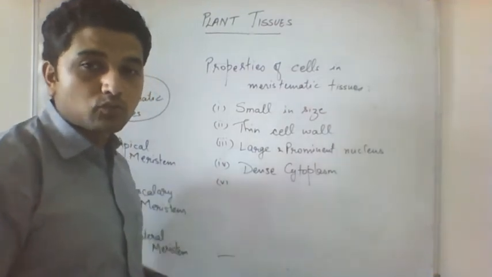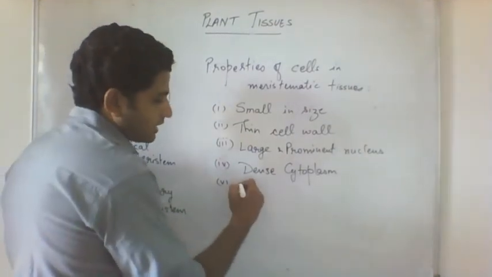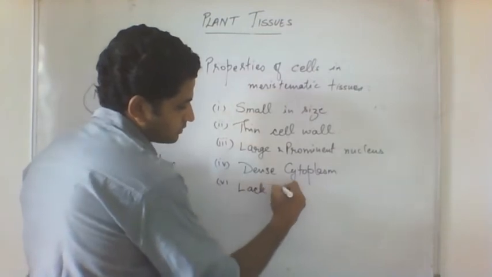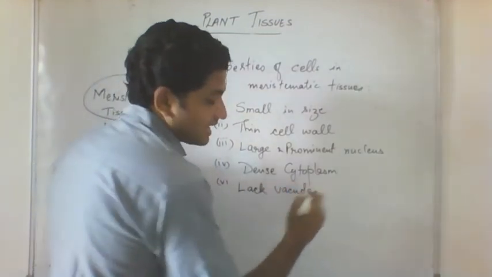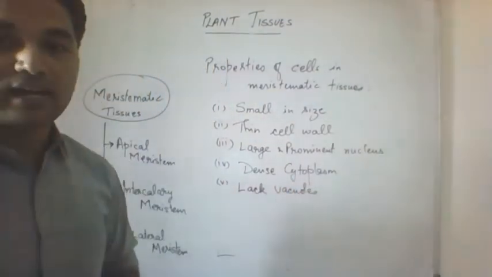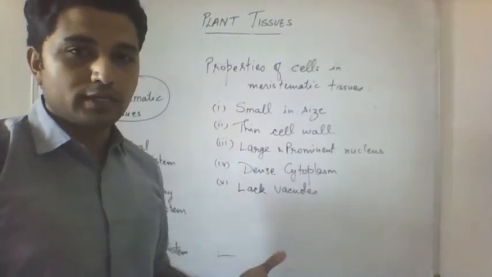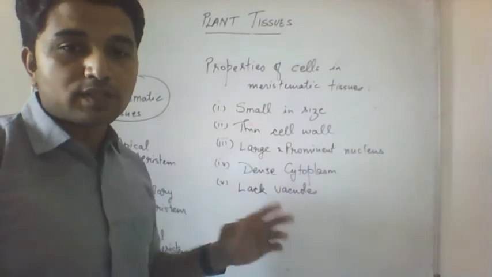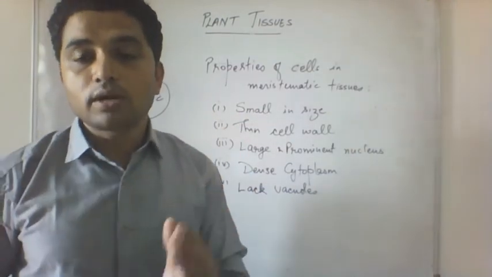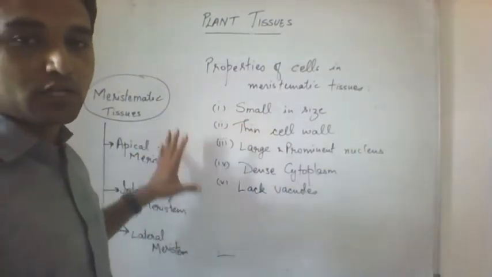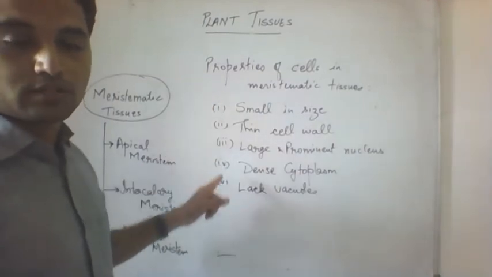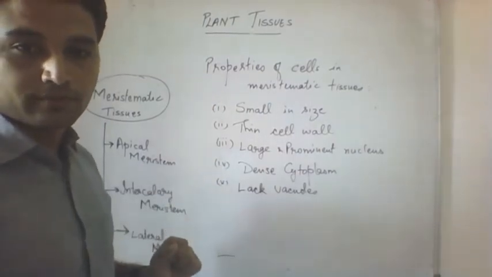Since they don't produce waste, they usually lack vacuoles. Usually they don't have vacuoles, or if they have, they will have very small vacuoles. So if somebody asks you what the properties of the cells present in the meristematic tissues are, these are the properties.